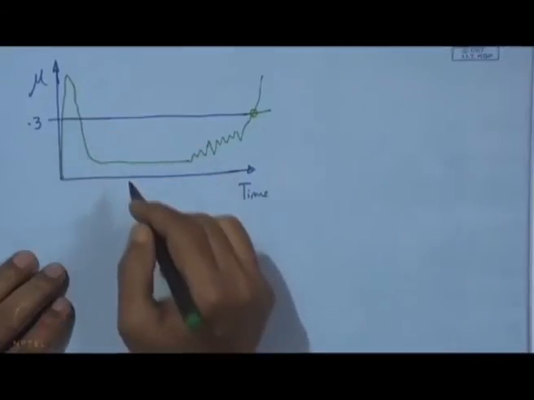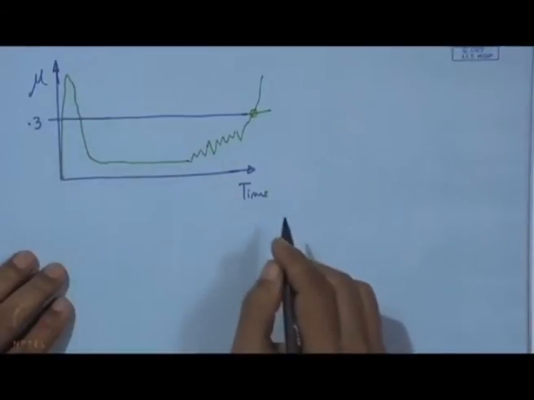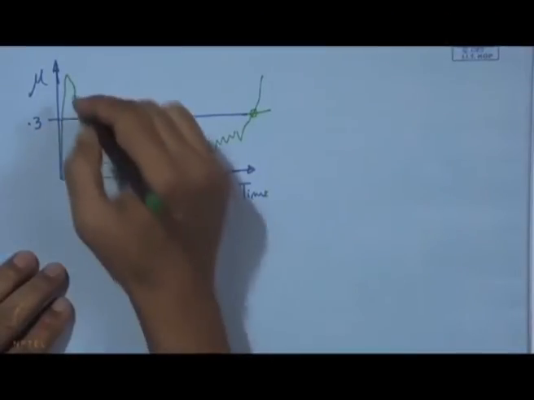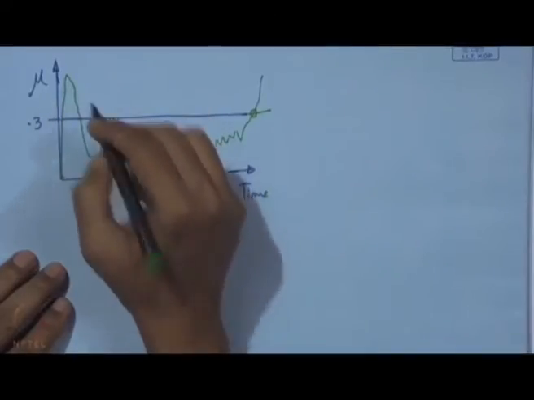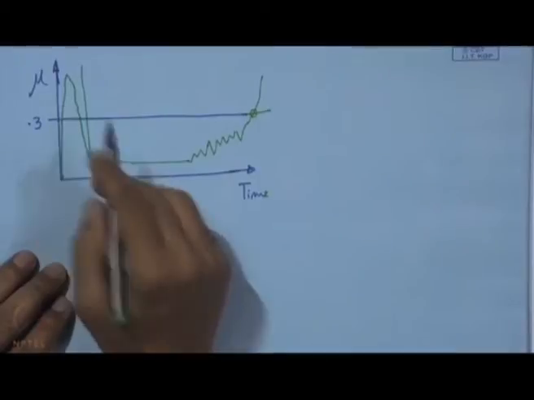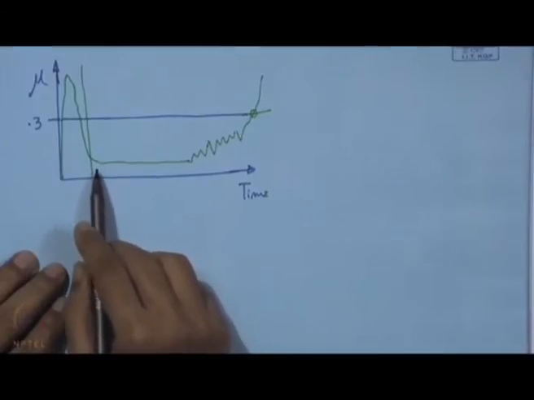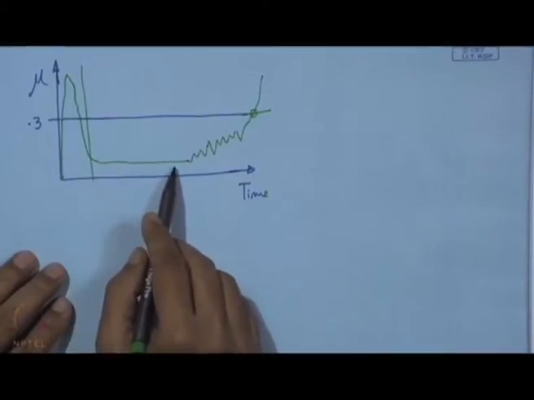And at the very beginning, this coating shows a very high value, and this may be a phase that we normally call the running-in period. So, the geometry of the pin and that of the coating on the disc adjust themselves, and once that is stabilized, it comes to a very good value.